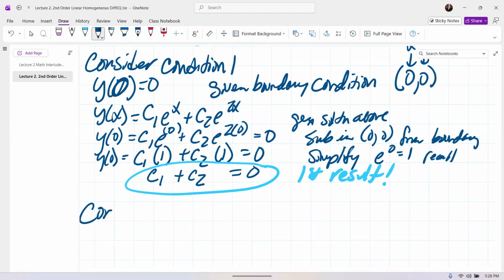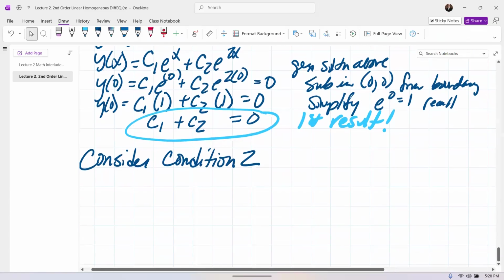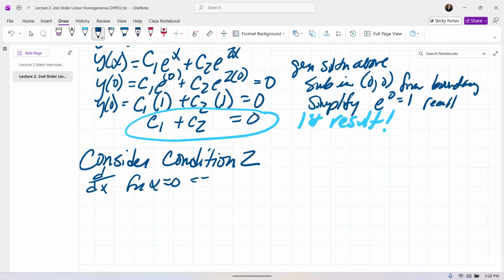So consider condition 2. What does it say? d y dx at x equals 0 equals -1. This is a given boundary condition.